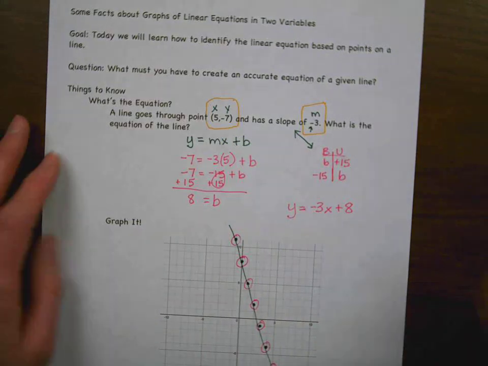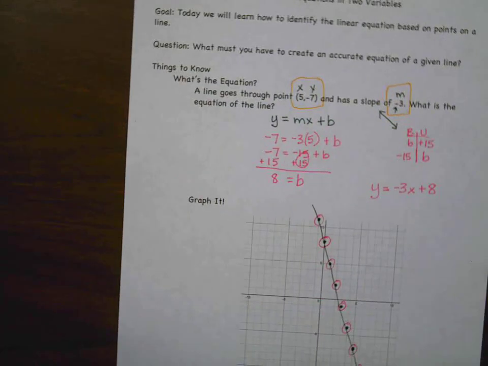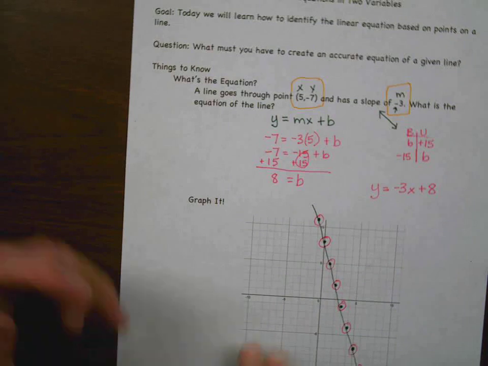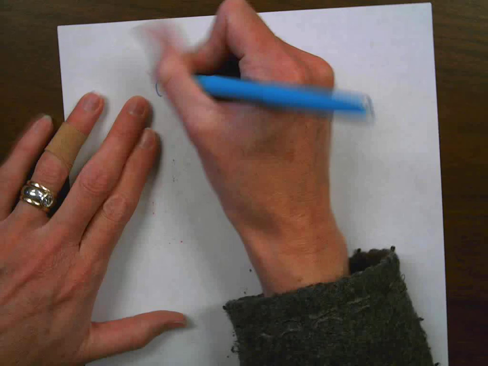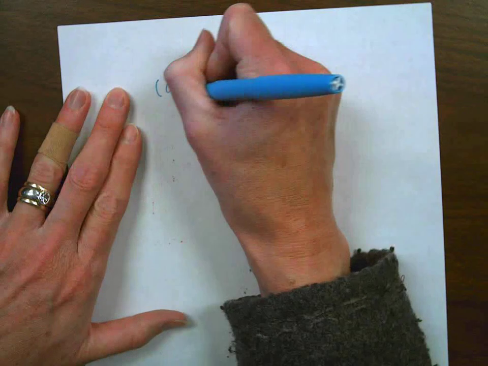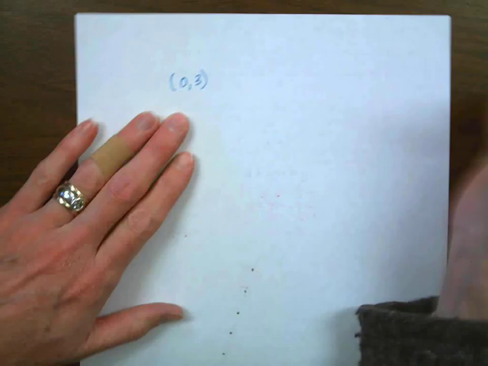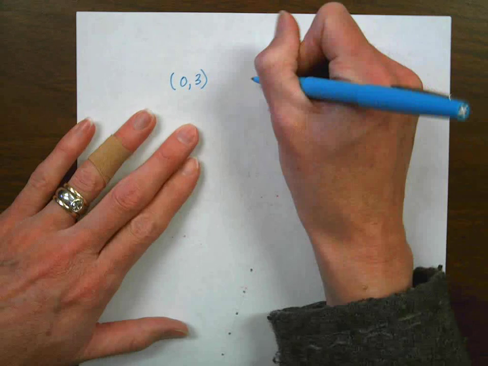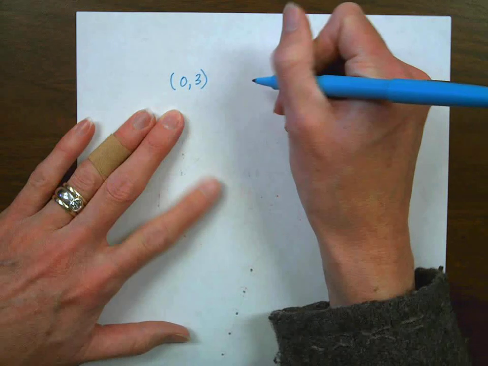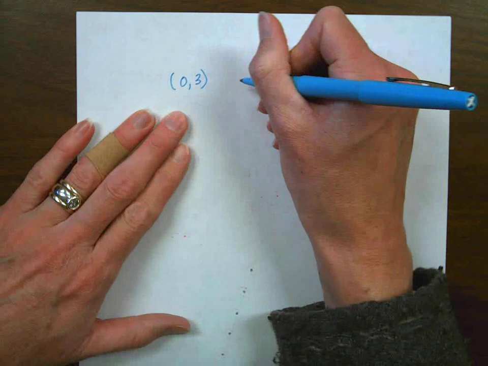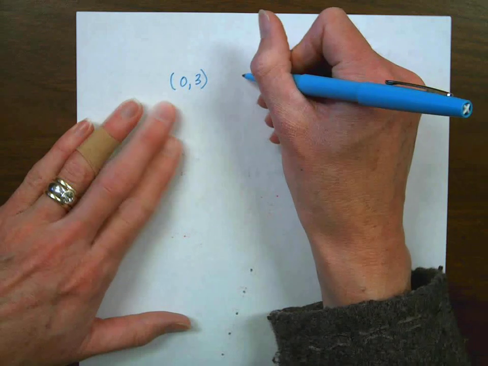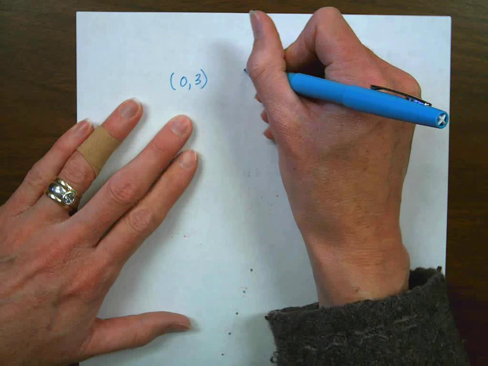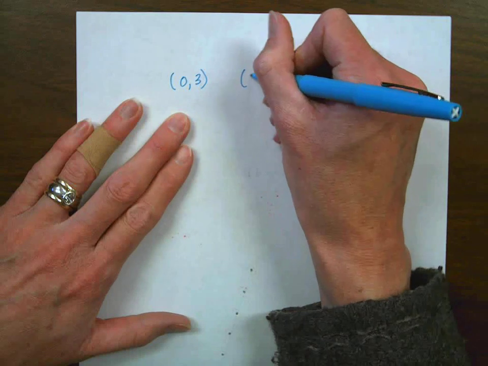One other thing that I want to throw at you very quickly, because I know in class they're probably going to make you do this. If you were given 2 points, and let's say one of the points was 0, 3, and the other point was, let's see, sorry, I'm trying to think in my head.